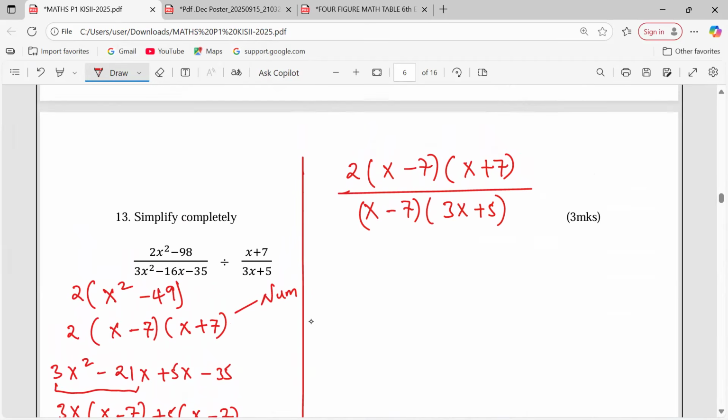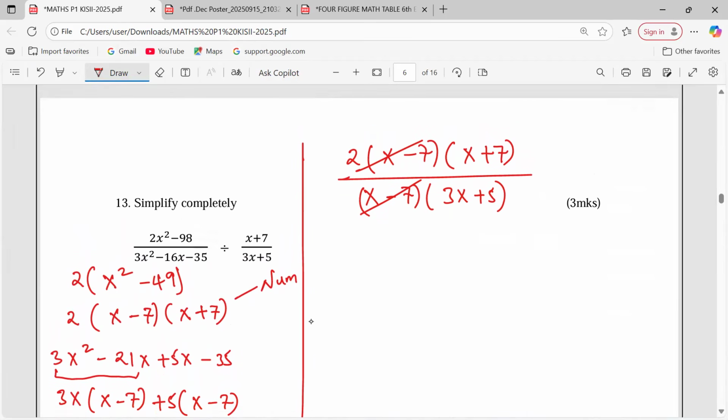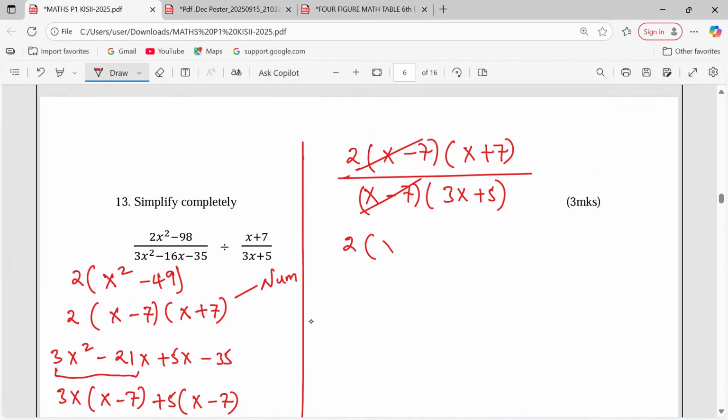And when they cancel out, this one cancels like that, so that we have 2 into x plus 7 out of 3x plus 5. Then dividing by x plus 7 over 3x plus 5 means multiplying by the reciprocal, 3x plus 5 out of x plus 7.